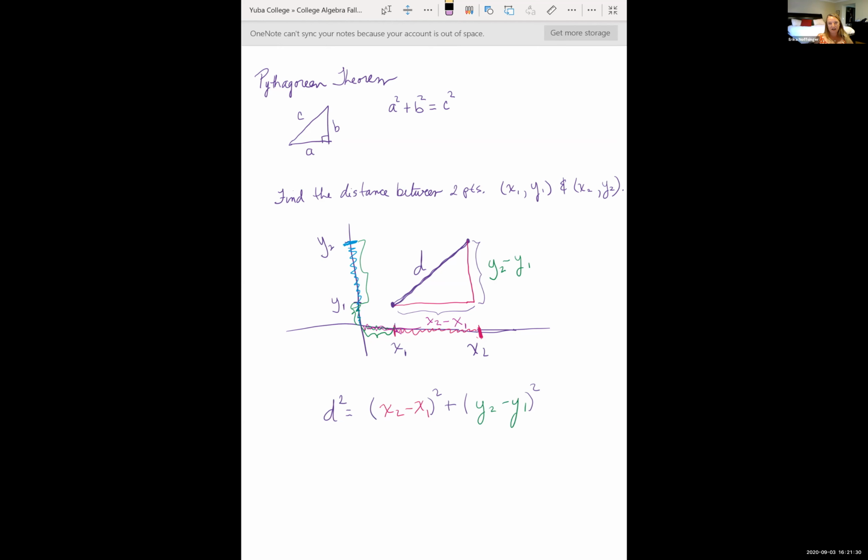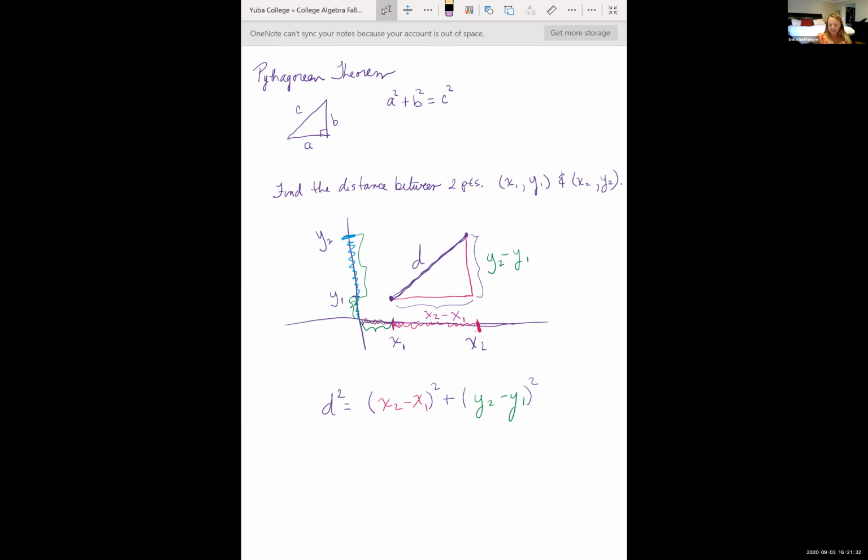Almost there. We don't want this distance squared. We would just want this distance. And so we can use the square root property. If I take the square root of both sides, normally I put plus or minus in front of one of those square roots, but I'm talking about distance, so I'm not going to do that. We're just going to use the positive.